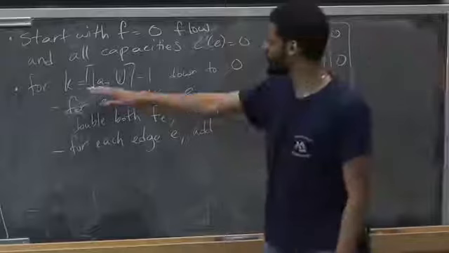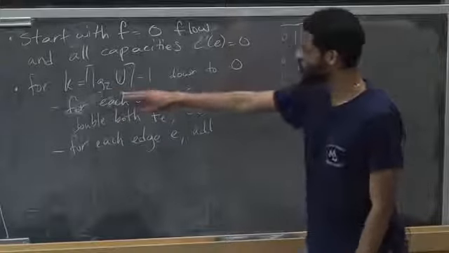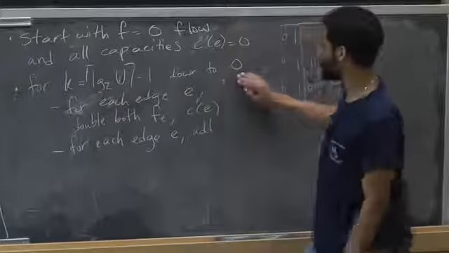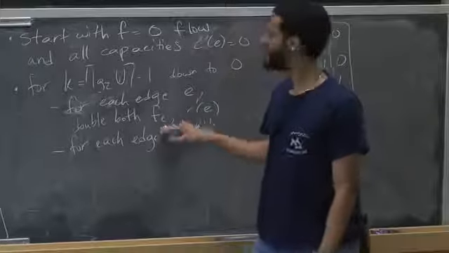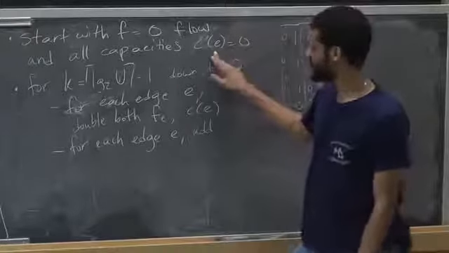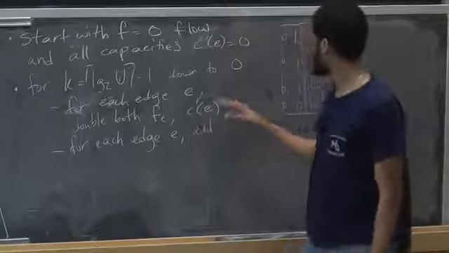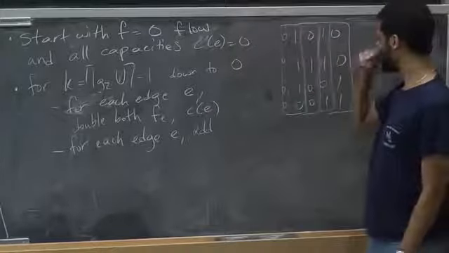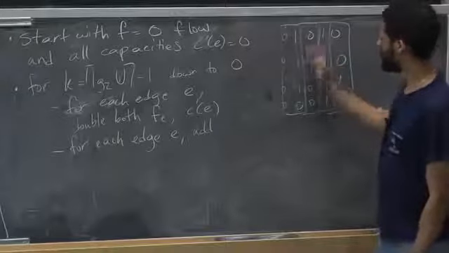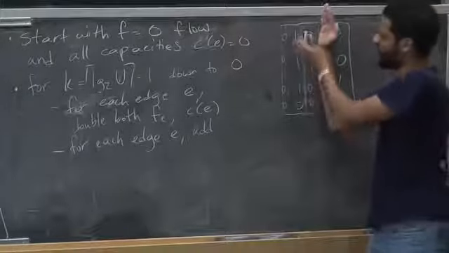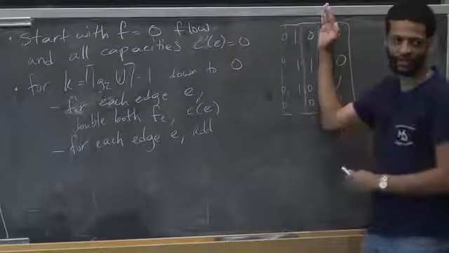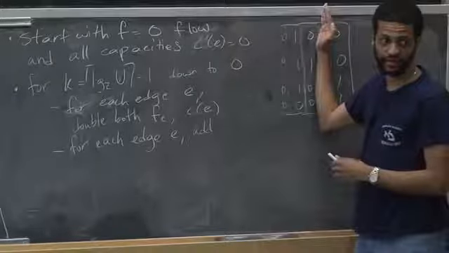So for each bit of the capacities, starting with the most significant bit down to the least significant bit. So we currently have some flow in the current graph defined by the C prime capacities. We're going to double all those C primes, which means basically, right, this used to be the least significant bit, but then we shifted over one to include one more, which means this position got shifted over, which means the capacity doubled.